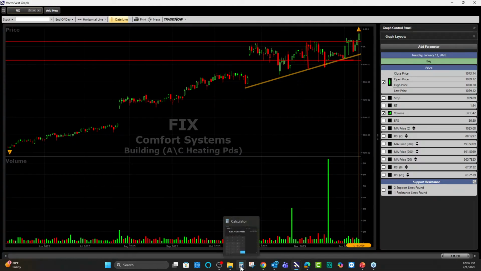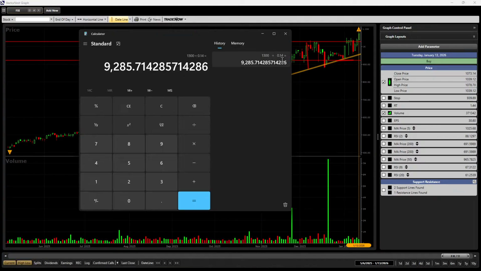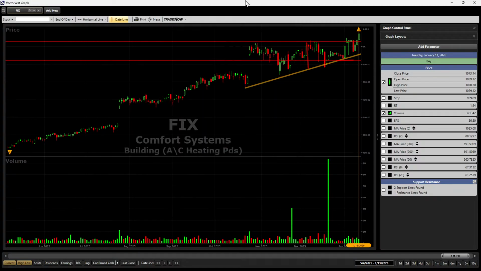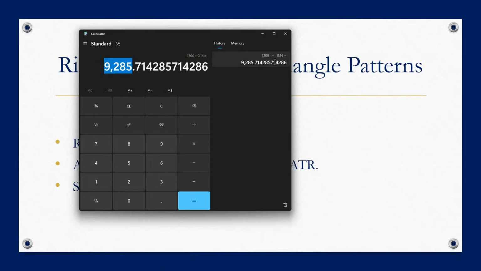If I lost 14%, which is my max loss, I would still only lose $1,300, which is 1.5% of the overall portfolio. I solve for my cost basis because I'm using RoboTrader, and that's what RoboTrader takes. It takes your cost basis and then it figures out how many shares you're going to buy.